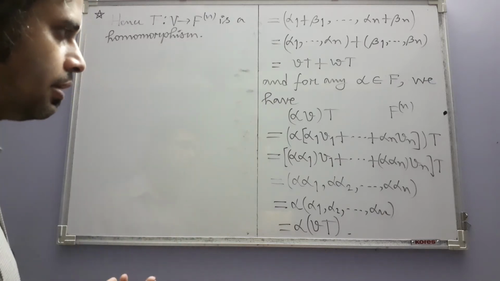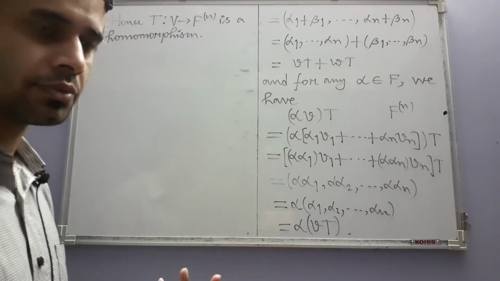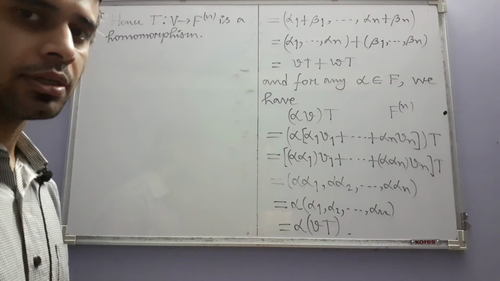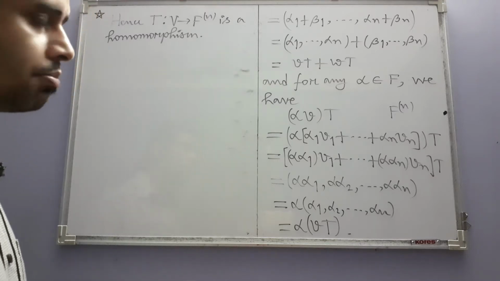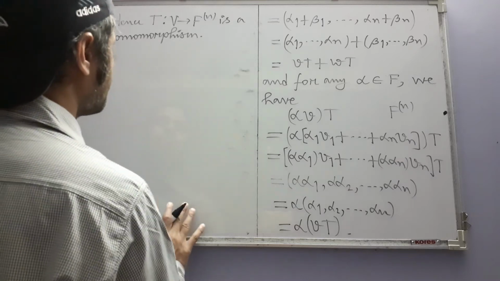But if you are in a general algebraic situation where there are many different kinds of things, say you have vector spaces also, you have groups also, there you have to mention separately what type of homomorphism you have. Okay.